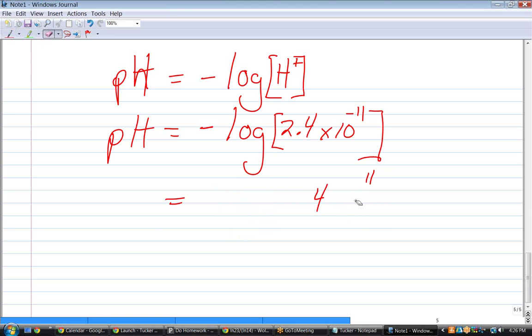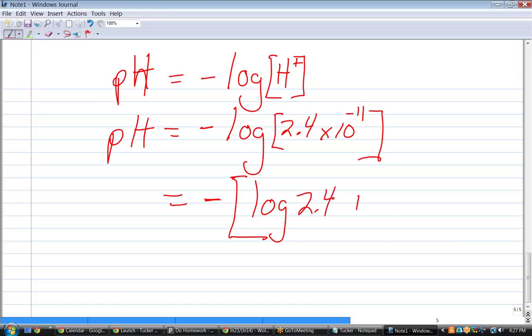And notice that we have the log of a product, 2.4 times 10 to the -11th. So if I expand that, then I have minus brackets the log of 2.4 plus the log of 10 to the -11th.